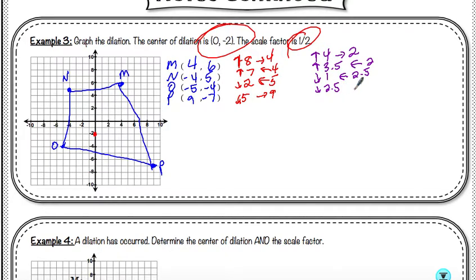And 9 divided by 2 is 4.5. You're going to use all those numbers, and then we're going to plot the points.